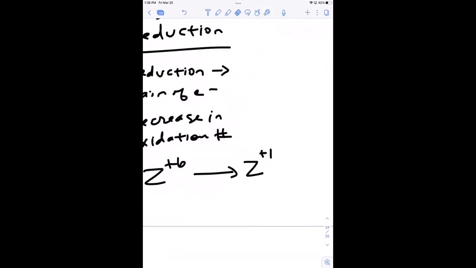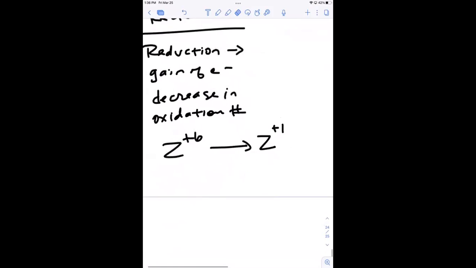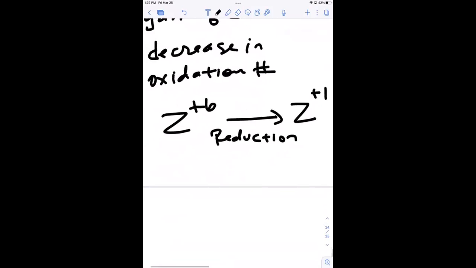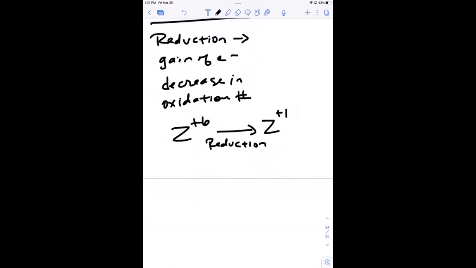This is a reduction. Now, the question is, how did that reduction happen? Well, if you gain electrons, that means you're gaining negative charge and reducing that positive charge, right? How many electrons would it take, if the charge on an electron is -1, to make that +6 charge go down to +1?